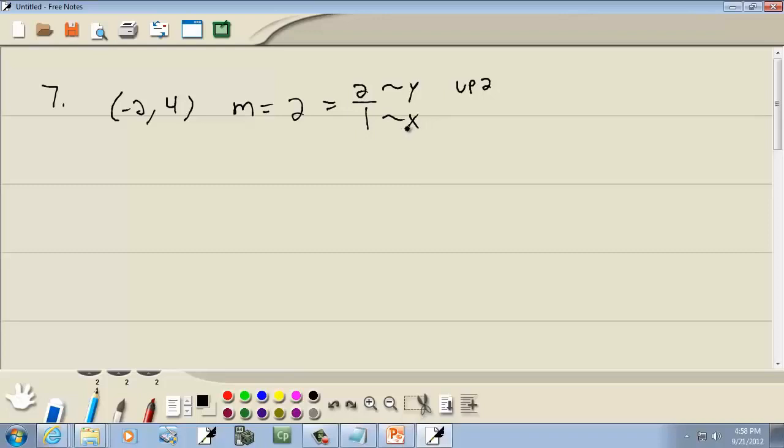Now this is our change in x. And if it's a positive number, it's right. So this means right 1. And if it was a negative 1, we would go left 1. So in this problem, we're going to put a dot at this point, -2, 4. Now from that dot, we're going to use our slope to get our second point.